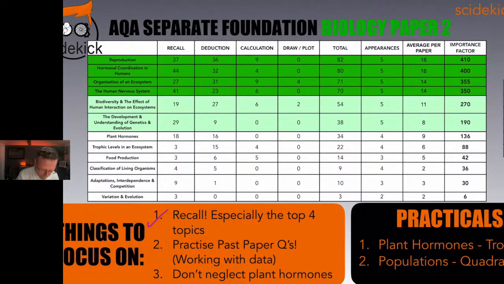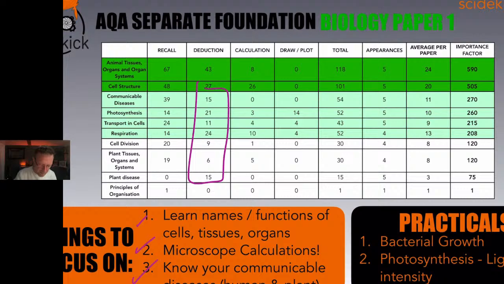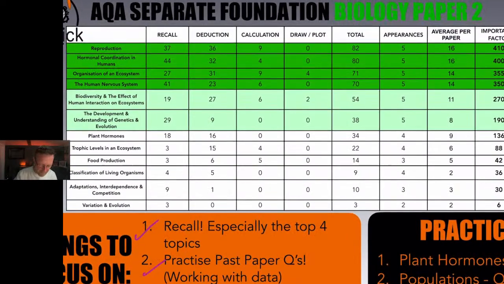The next thing, practice past paper questions working with data. There's a lot more here. If I just flick back, you can see the deduction questions here, generally speaking, are lower in paper 1 than in paper 2. You get much more of these deduction questions. So practice lots of paper 2s and working with the information that they give you, especially on the effect on ecosystems, so how human interactions with ecosystems affect them, and of course reproduction.